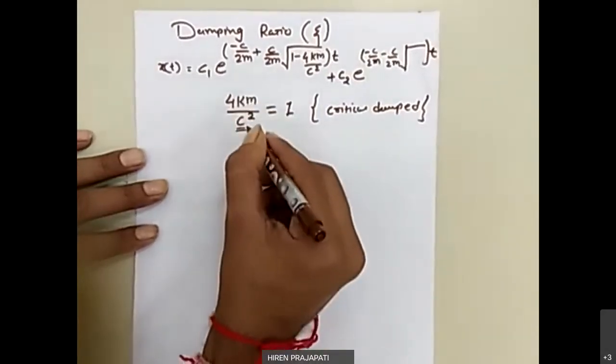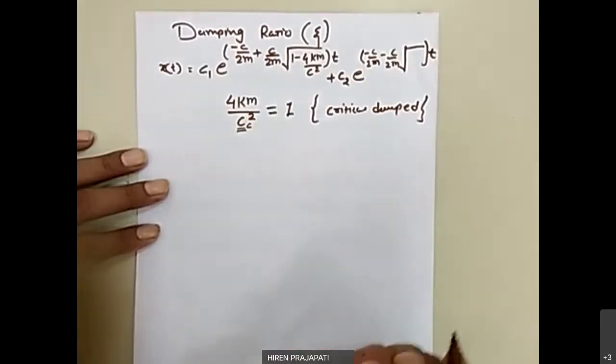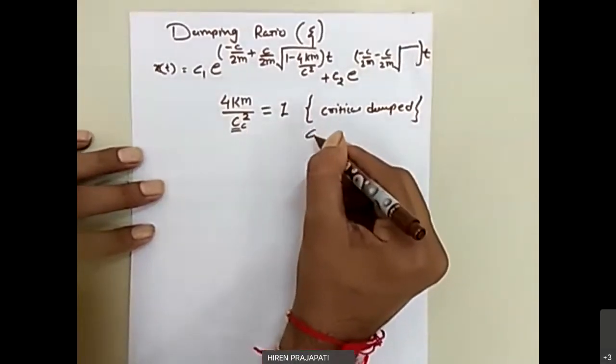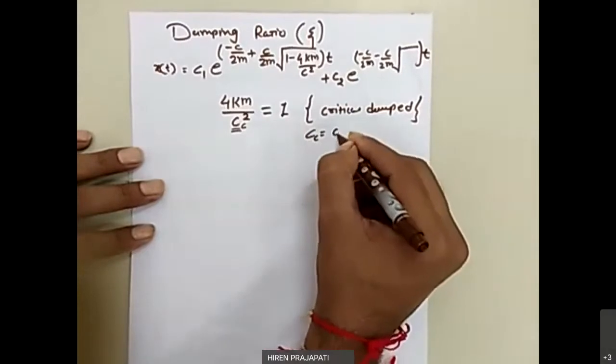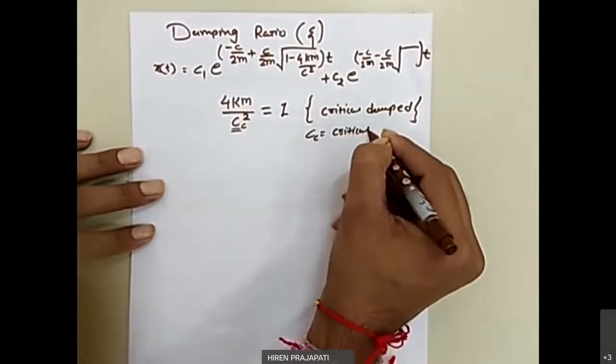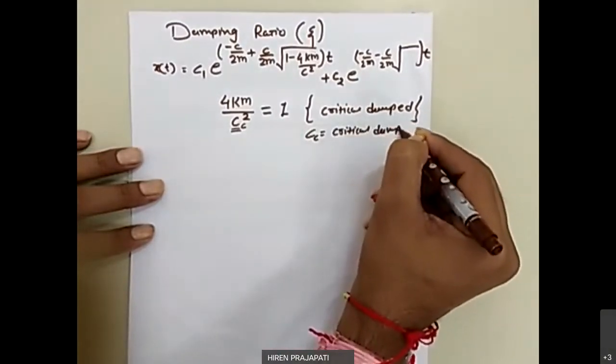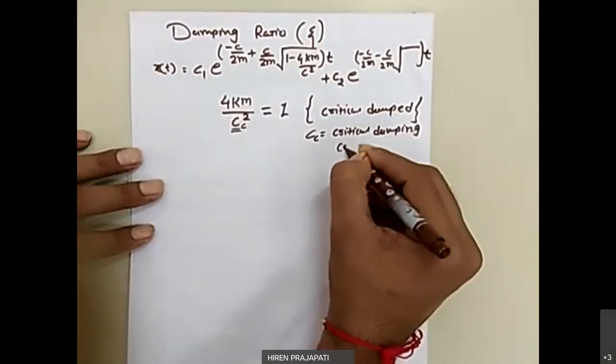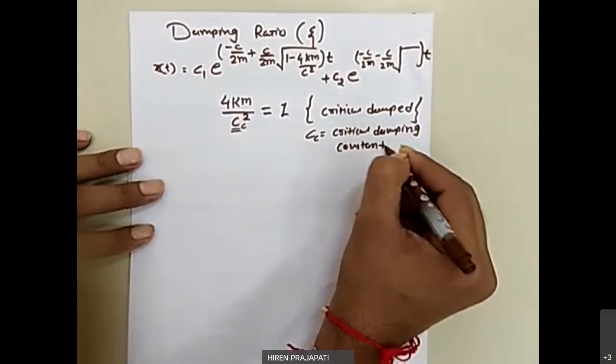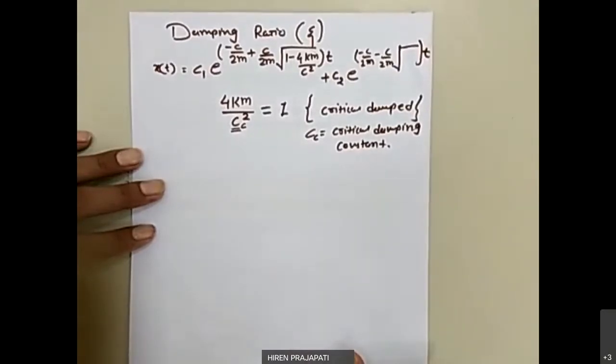So I call now C suffix C, where this C suffix C is called the critical damping constant, right?